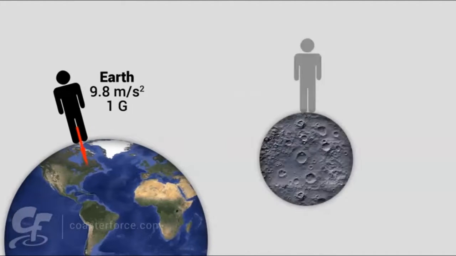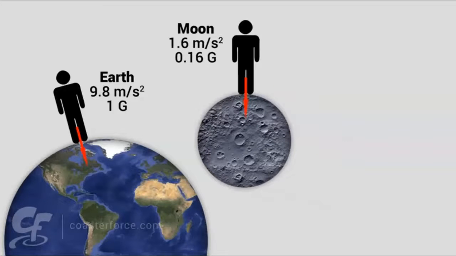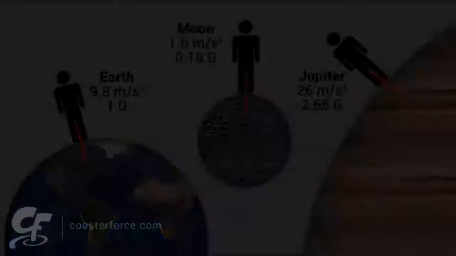If you were to stand on the moon, a smaller body with less mass, where the acceleration due to gravity is 1/6 of that on Earth, you'd experience 1/6 of a g, or roughly 0.16 g. Whereas if you were to stand on Jupiter, a far larger planet than Earth, with greater mass, the acceleration due to gravity is around 26 meters per second squared, which also equates to 2.65 g.